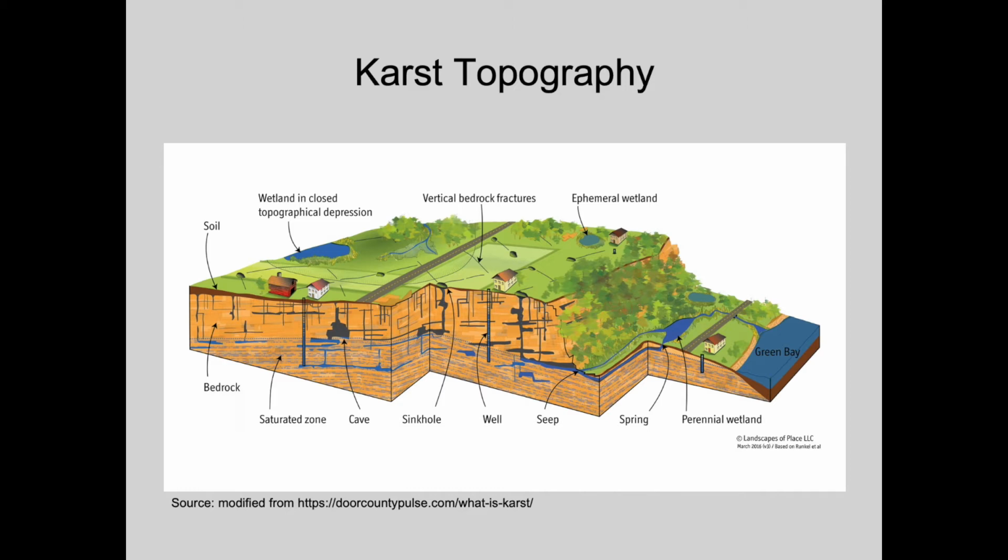There are four basic characteristics that I'd like you to get into your notes having to do with karst topographies, and I'll take you through each one of these. Basically, they are a kind of recipe for the development of a karst environment.